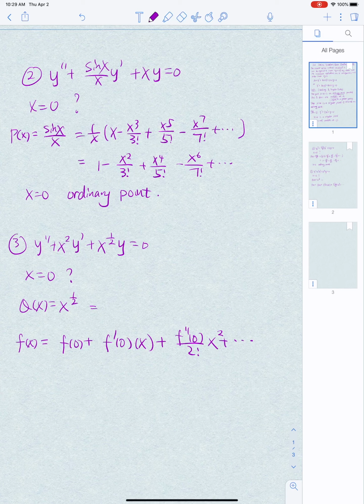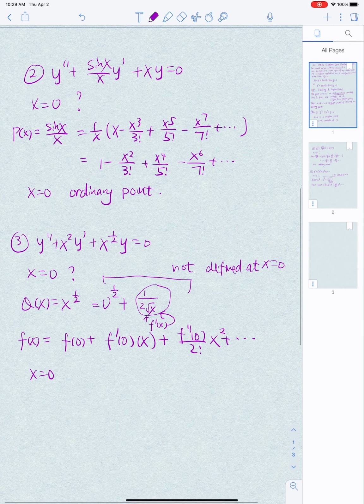So for our problem, we have 0 to the half, but when we take the derivative, x is going to go to the denominator. This is our f prime of x. So then when we plug 0 in here, this is undefined. Therefore, this is not defined at x equals 0.